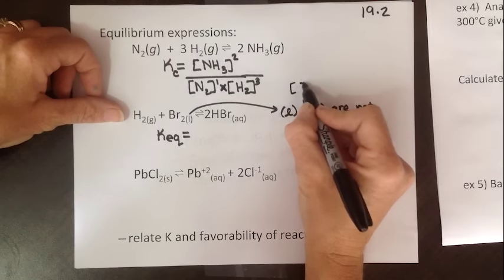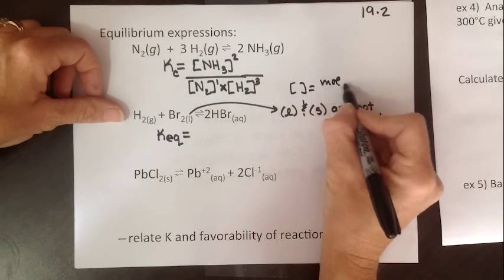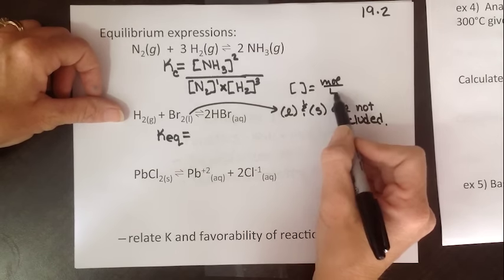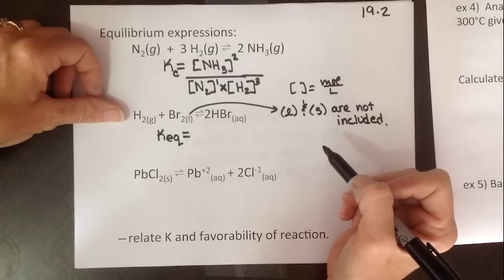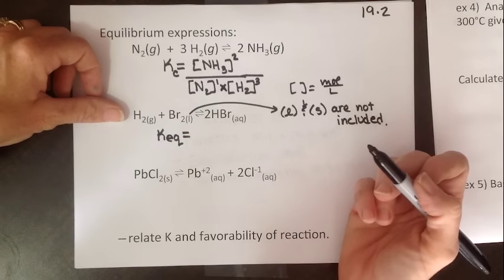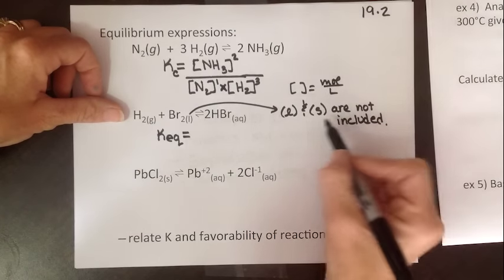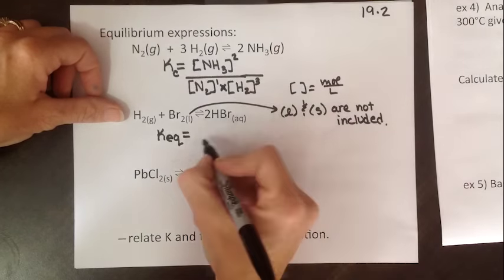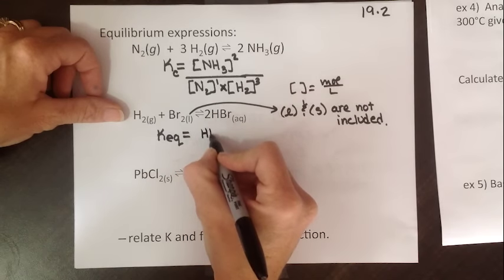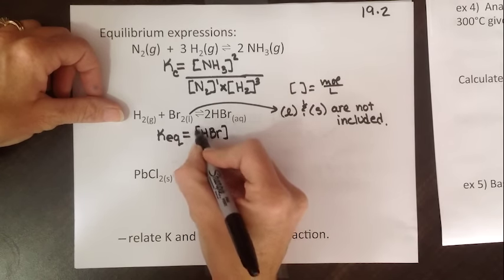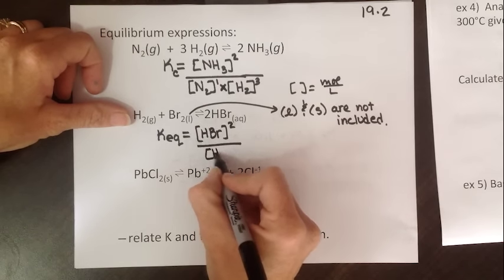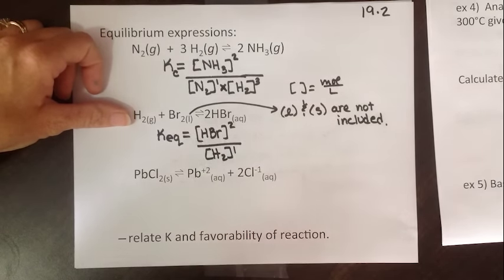Well, concentration is moles per liter. And you can't really have a concentration of a solid or a concentration of a liquid. They're pure. The concentration's infinite. So those make no sense in there. If that confuses you, just don't put them in there. No big deal. So products raised to the coefficient power over reactants raised to the coefficient power. And I just pretend bromine's not there.